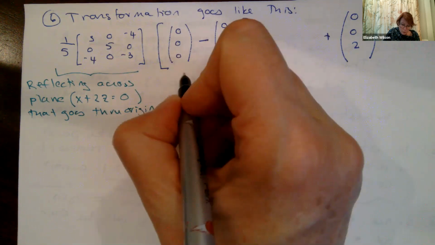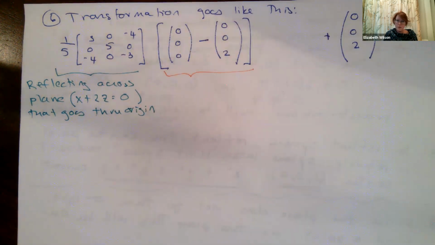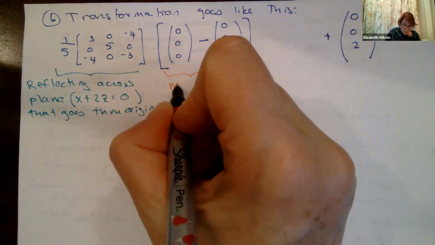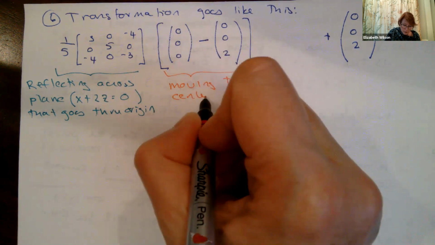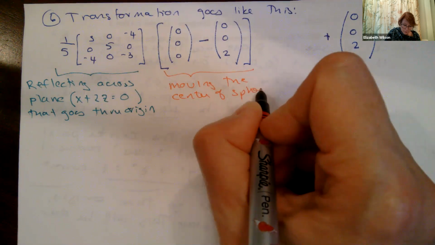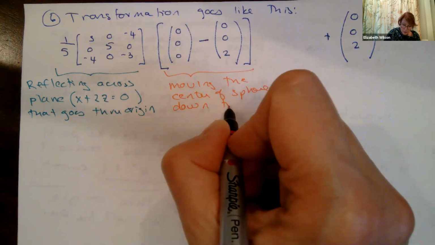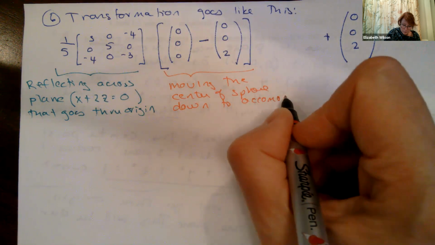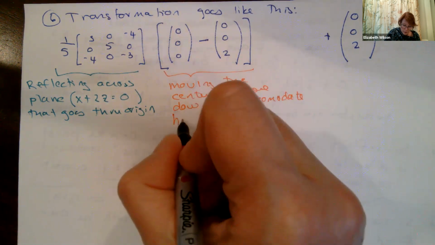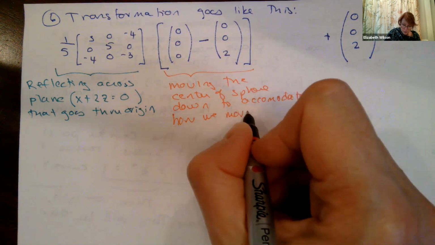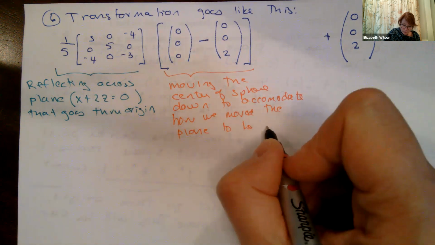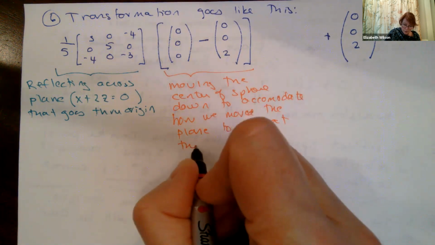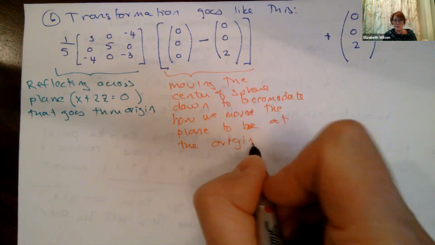Now, this is moving the center of our sphere, like we moved our plane, down to accommodate how we moved the plane to be at the origin, right? Because the plane didn't go through the origin, but now it does.